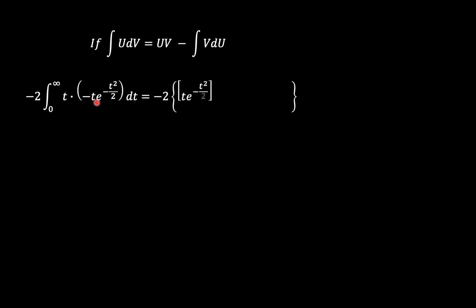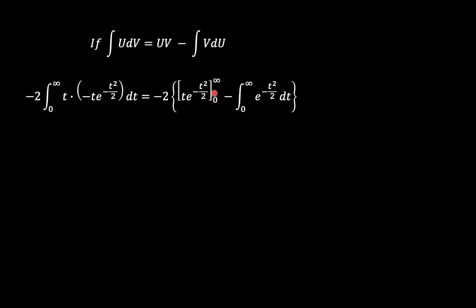Since we have all our u and v and dv and du, we considered u to be t and dv to be negative t times e to the power negative t squared over 2. Therefore, we're keeping this constant negative 2 out, and then we have these curly brackets, and then this initial uv is obviously t, and then v being equal to e to the power negative t squared over 2. And then we have these limits in place.